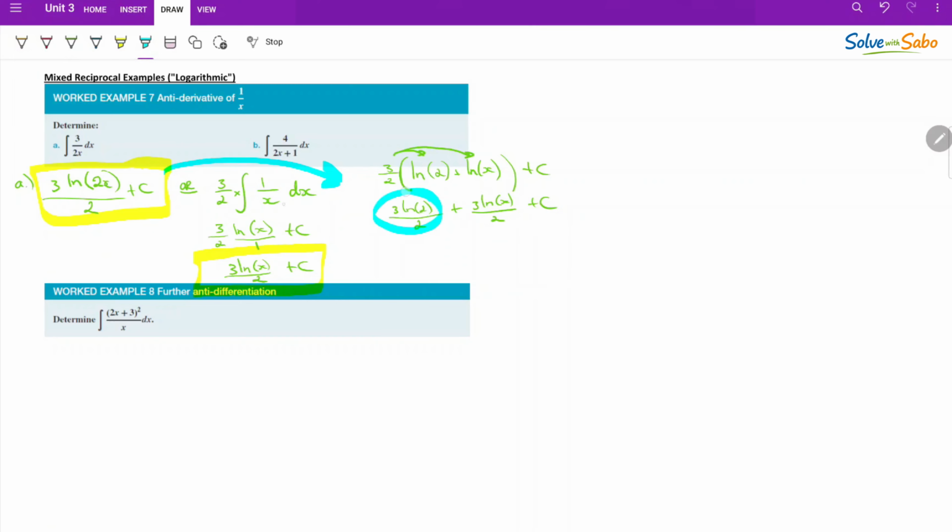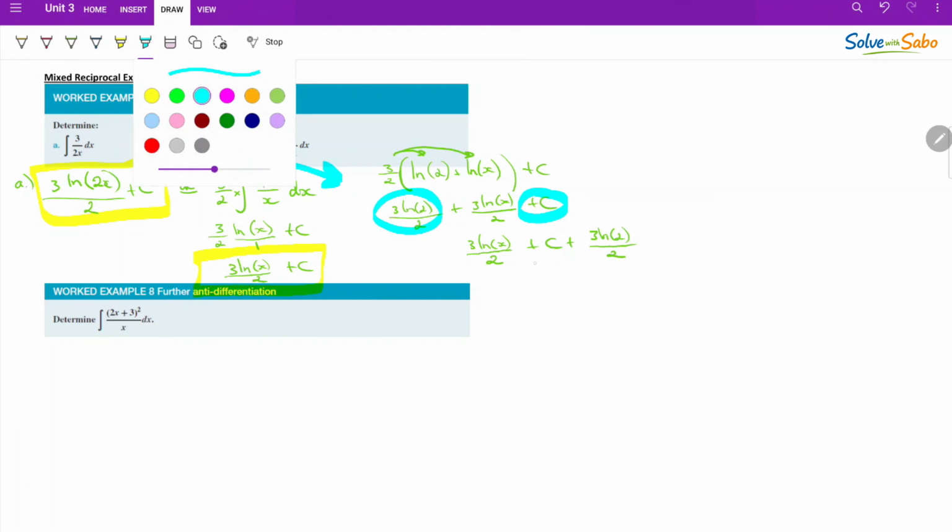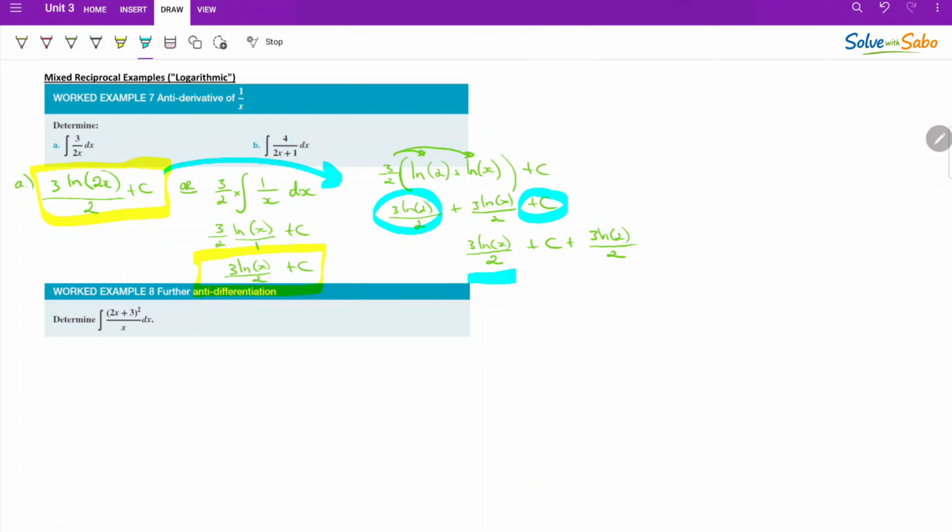This bit here is just a constant number. This bit here is also just a constant number. So what I can now write is 3 ln x over 2 plus c plus 3 ln 2 over 2. What's actually just happened is, by joining these two things together, it is 3 ln x over 2 plus a constant value. Well, so is this. This is 3 ln x over 2 plus a constant value.